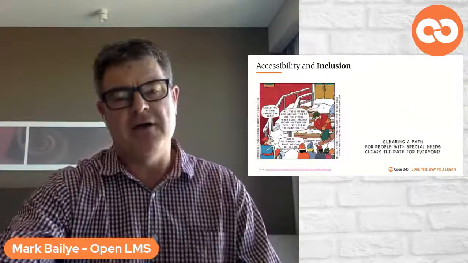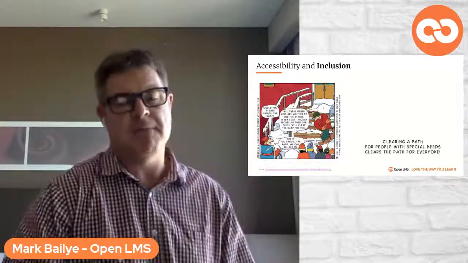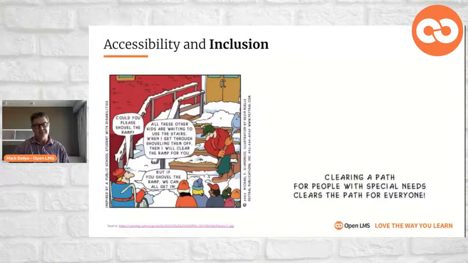So when we think about those statistics and numbers, as we see from this picture here, I love the caption: clearing a path for people with special needs clears the path for everyone.